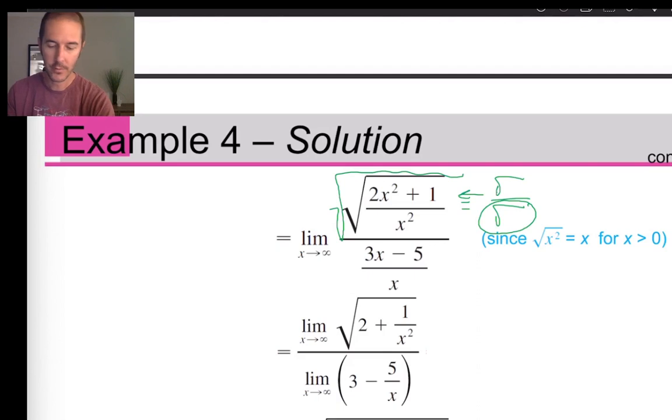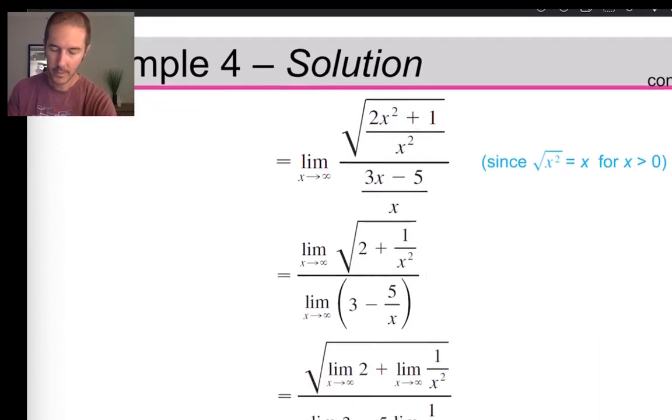And what that allows us to do is distribute this division under the radical. The 2x squared will get divided by x squared, the positive 1 will get divided by x squared, and of course when 2x squared gets divided by x squared, the x squareds will cancel. Looking down to the next line, we're left with just the 2, but to the right of that 2 we see this 1 over x squared because we could not simplify that.